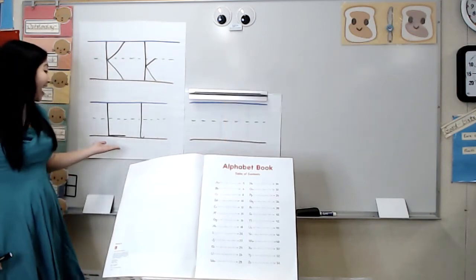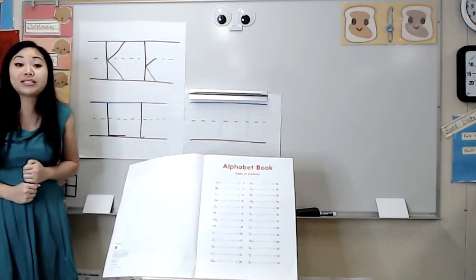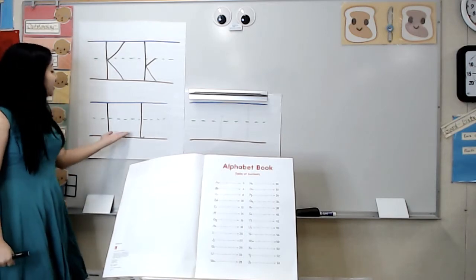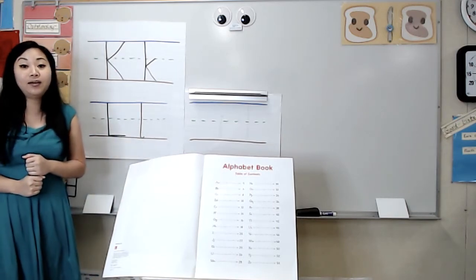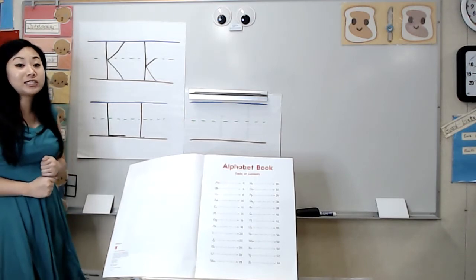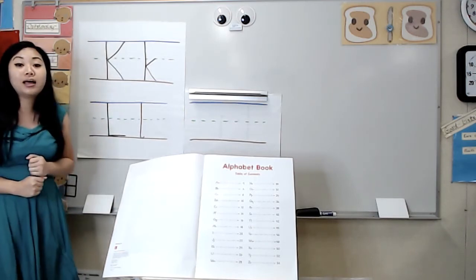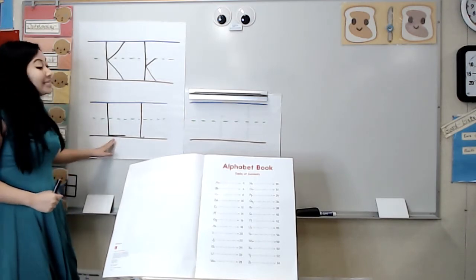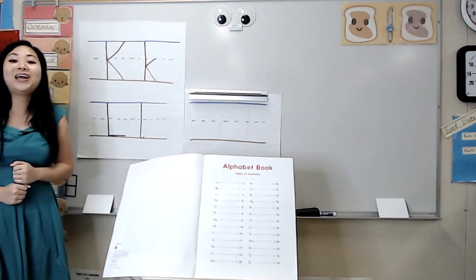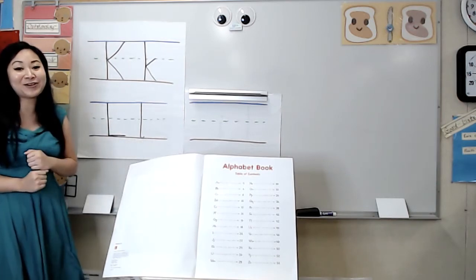This is the letter L. What do you notice about uppercase L and lowercase l? Well, they both touch the sky and the ground, but uppercase L has more lines. Oh, and lowercase l has a little curve.